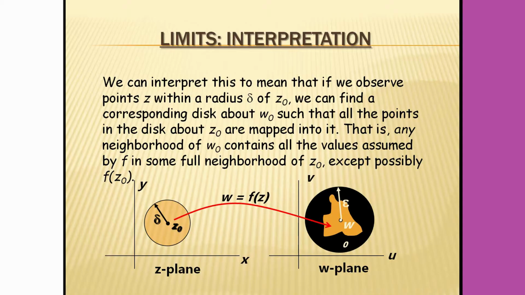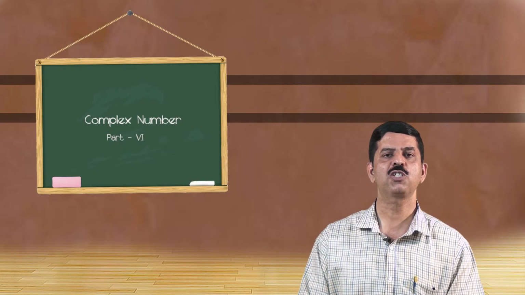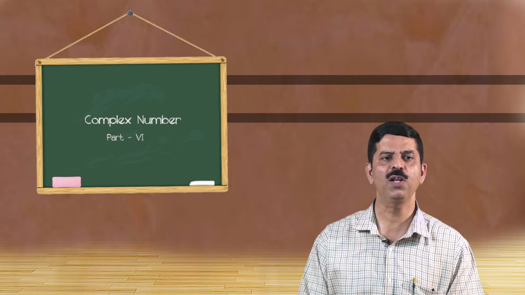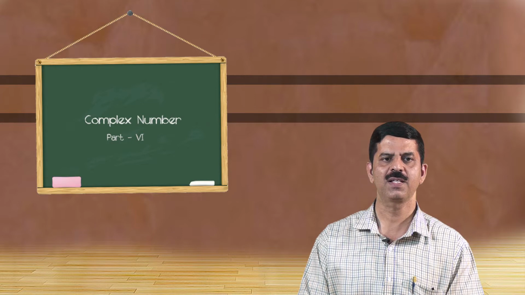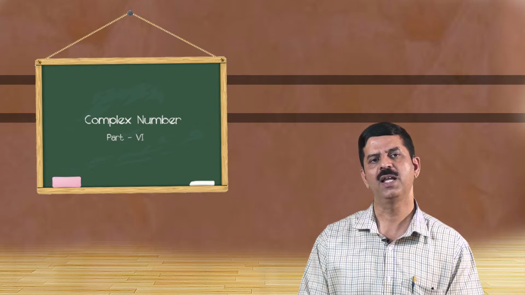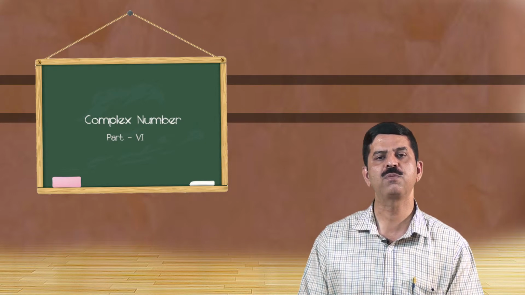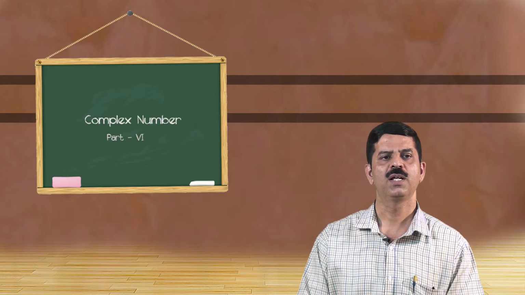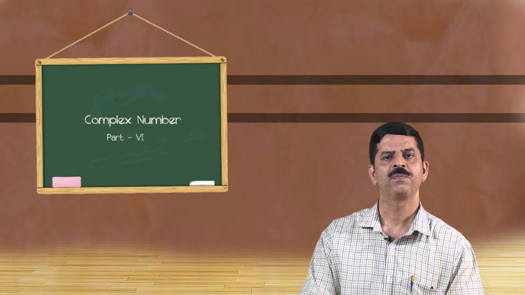I have taken a point z naught, with a small radius, which represents a circle, and the corresponding element in the w plane I have denoted by epsilon. So geometrically we can understand it like this, as I have shown in the figure.